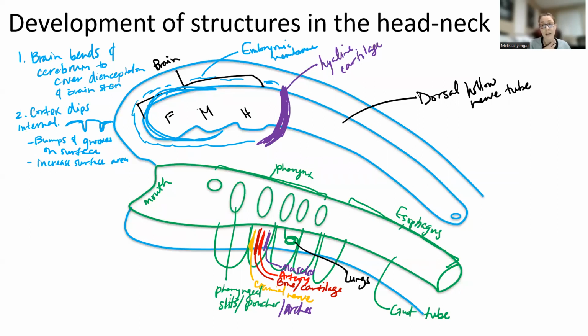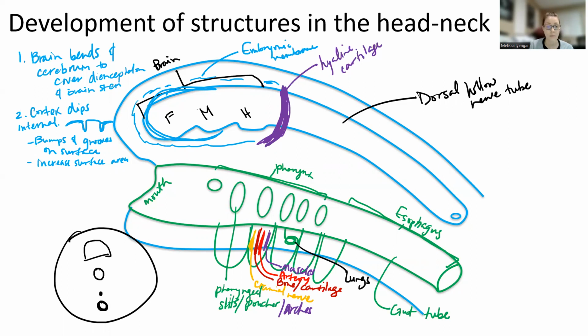So when we take a cross section of our neck area, we have the dorsal hollow nerve tube and notochord. You don't have a dorsal aorta, that's super weird. You'll still have the gut tube, and then in front of that, there'll be another tube like that. That's the trachea. So the trachea is all the way in the front.